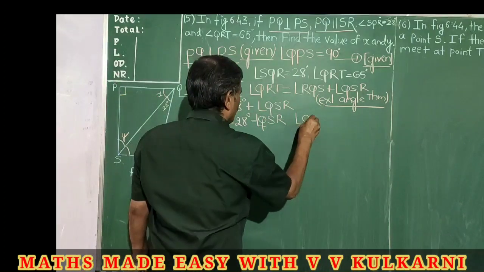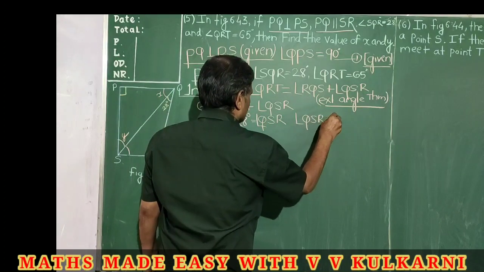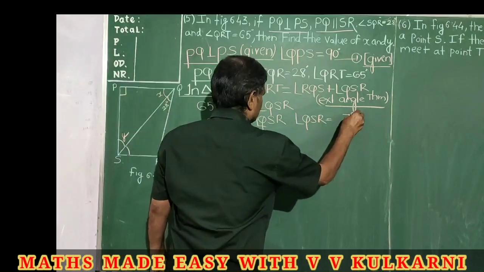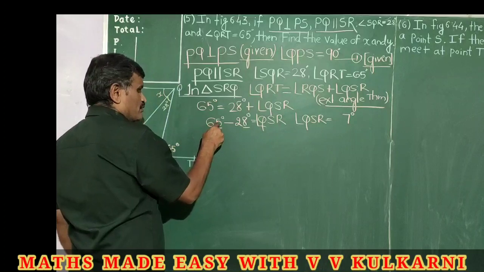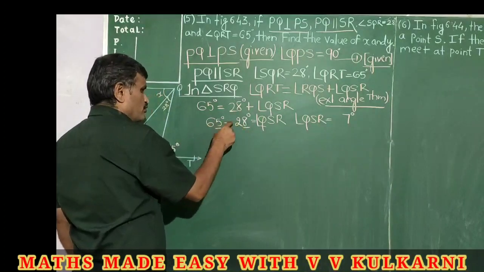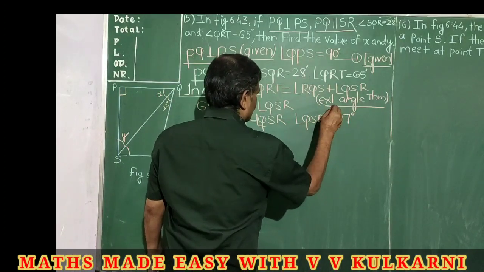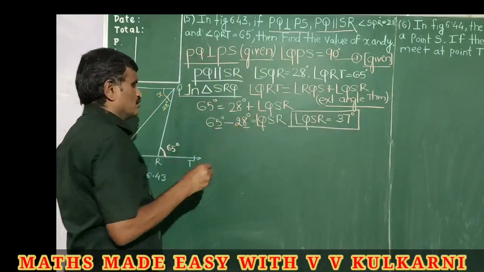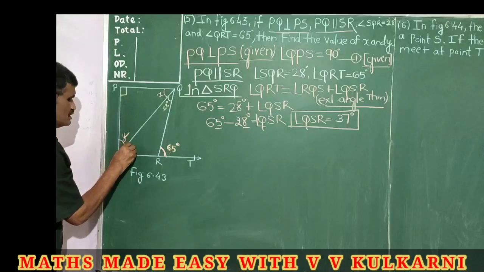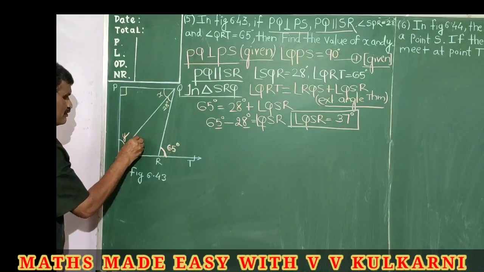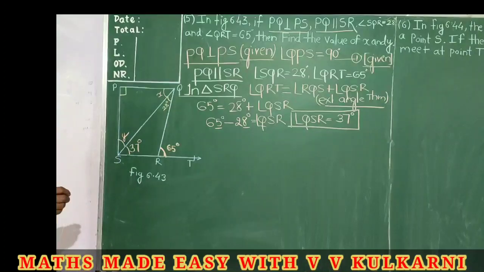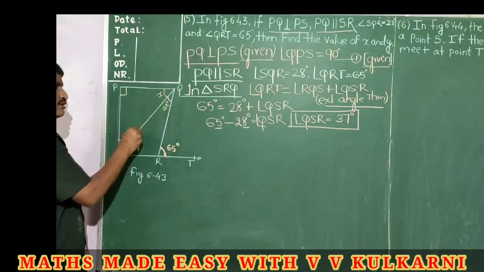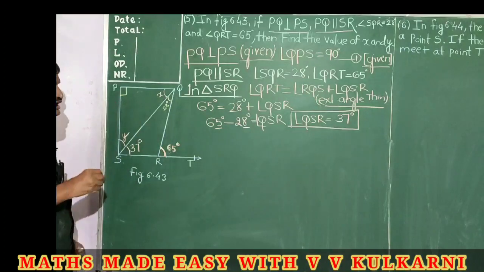So angle QSR is equal to 15 minus 8 is 7, 5 minus 2 is 3. So what I got here is, this is 37 degree. I hope you might have got it. 65 is equal to 28 plus 37. I have used exterior angle theorem.